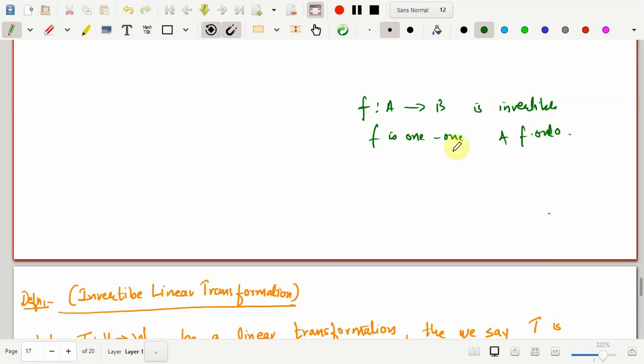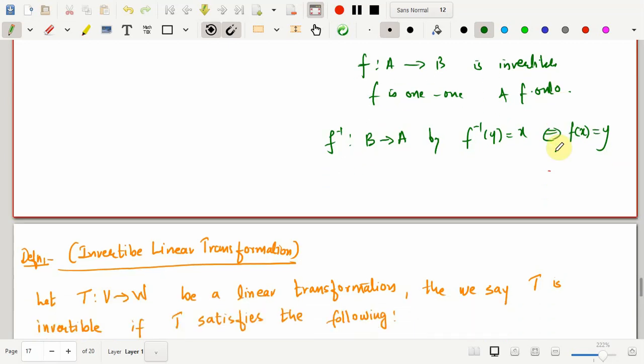Okay, and by definition, if F is 1-1 and onto, we can talk about its inverse, which is going to be a mapping from B to A, and it will be defined by F inverse of y goes to x whenever x goes to y through F. Okay, so this is the basic definition of the inverse of a function, and the necessary and sufficient condition to talk about the inverse of a function is that the function has to be bijective.